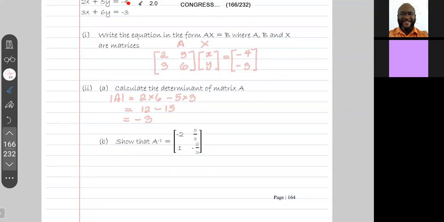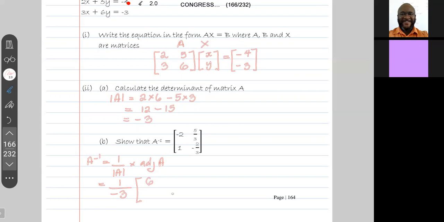Next, we're asked to show that A inverse is equal to -2, 5/3, 1, -2/3. Now, A inverse is equal to 1 over the determinant of A times adjoint A. So this is 1 over -3 times adjoint A. Now adjoint A, I'm going to switch around the leading diagonal elements.